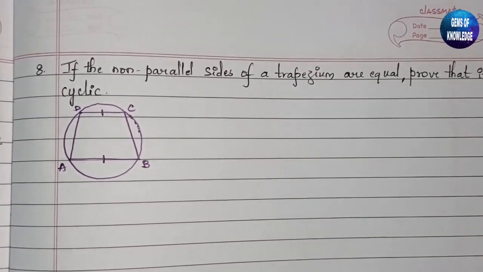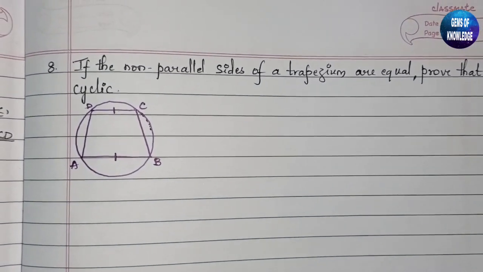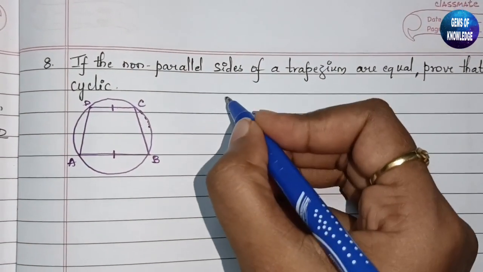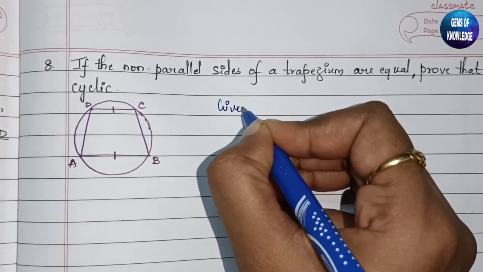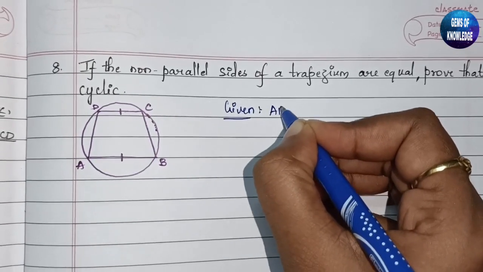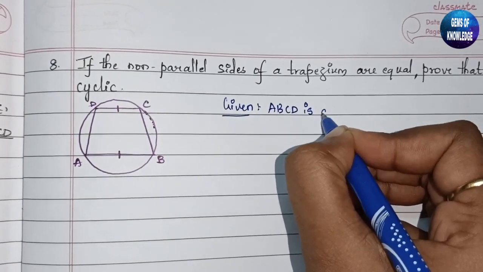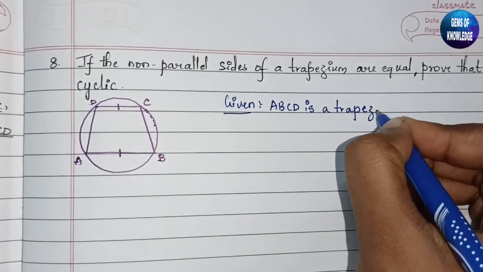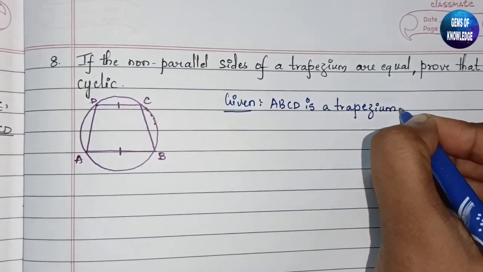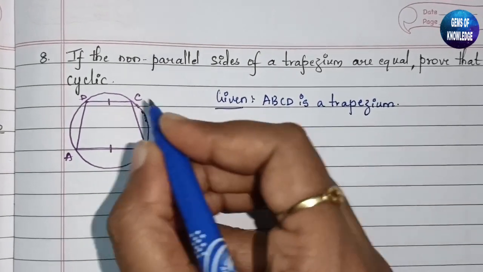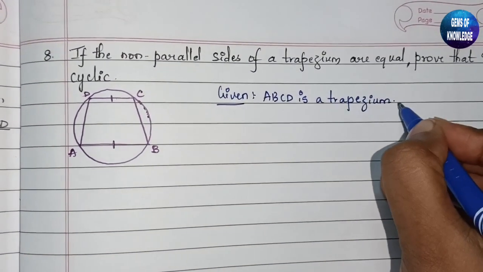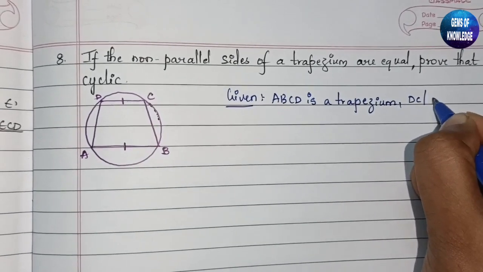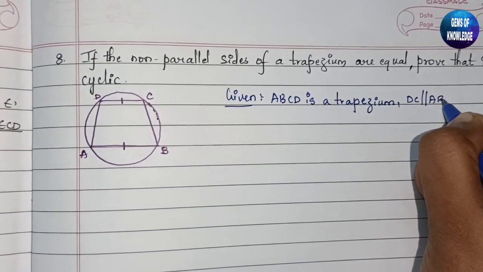So for that we will first write what is given. Given things: ABCD is a trapezium. We also know that DC is parallel to AB. Already we know that.